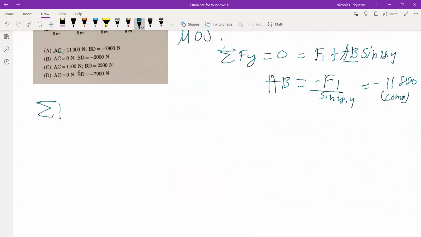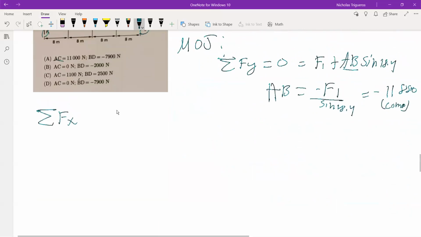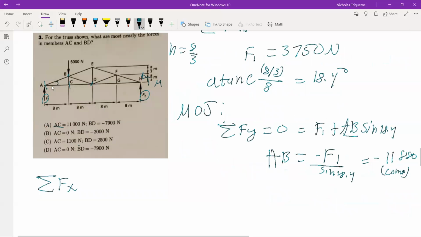Now we did sum of forces in the x direction. We needed that so we could get the x component of it, because we need the x component of AB to figure out what's going on in AC. This is going to be F AB, what we just got, times cosine of 18.4, plus AC.